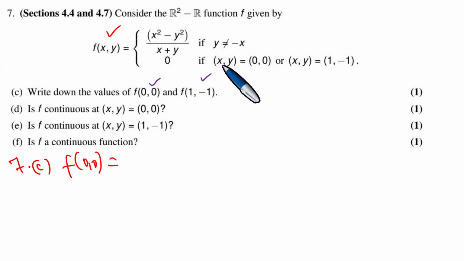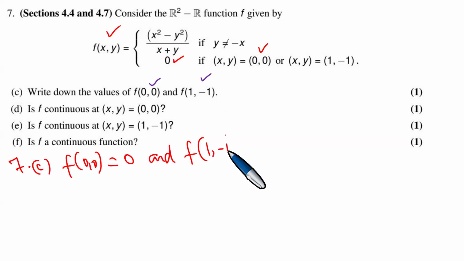Whenever x and y are 0 and 0, the function is 0. But also the value of the function at the point 1 minus 1, whenever x and y are 1 and minus 1, the value of the function is 0. So they're both 0.